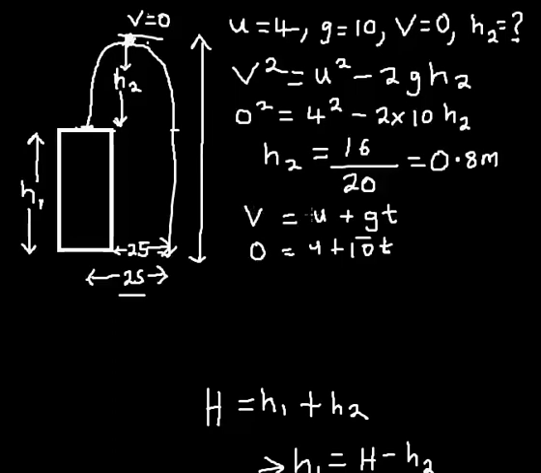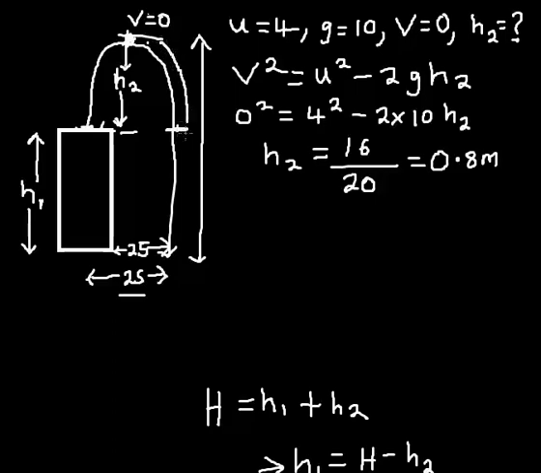I need to get the time. Let's get the time from here to here. That is the time to reach the maximum height, because I'm looking at the initial velocity, I'll start calculating it from here. So let's get that time to reach the maximum height.